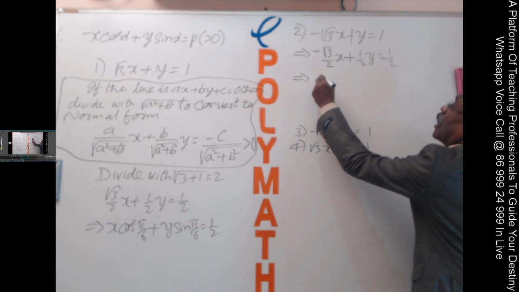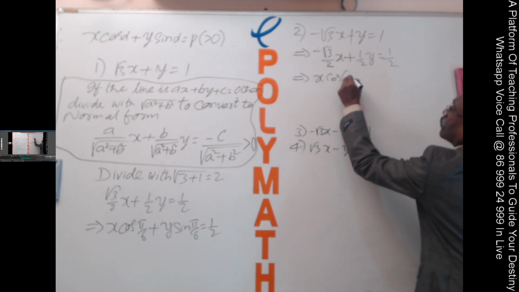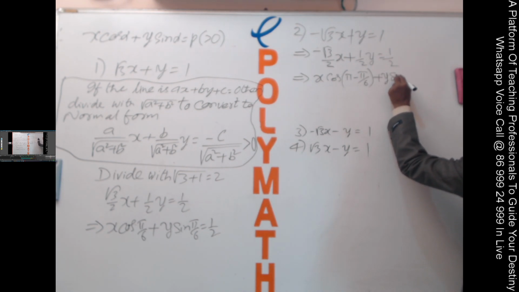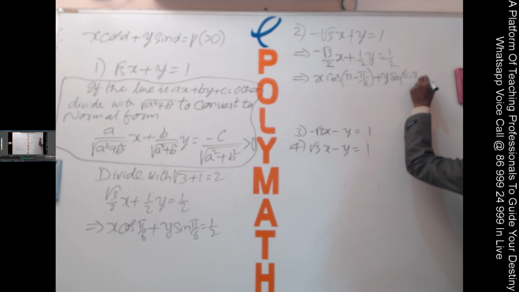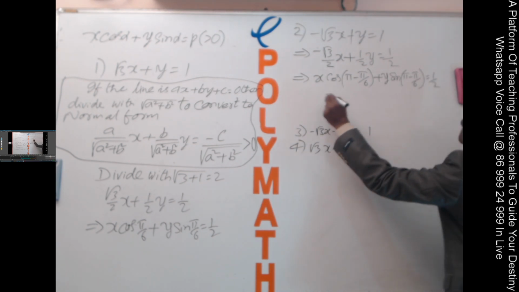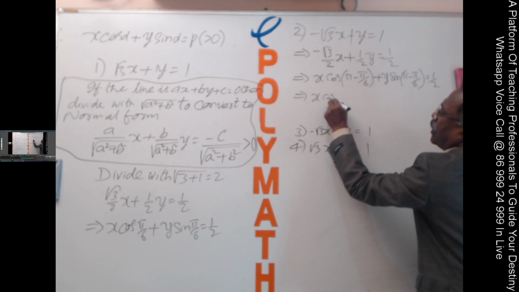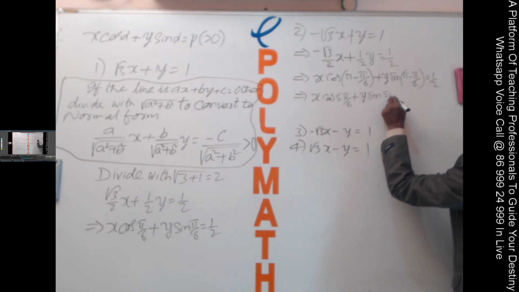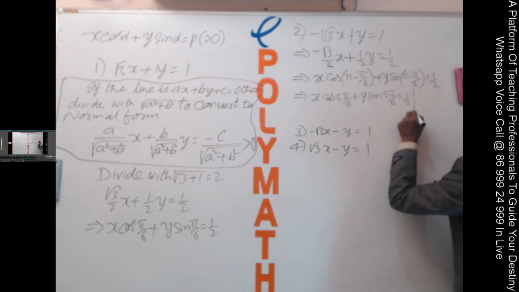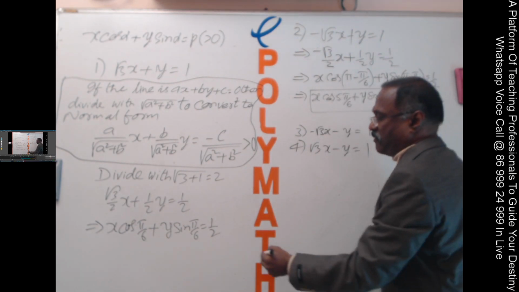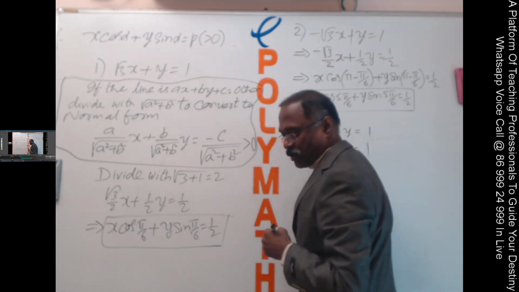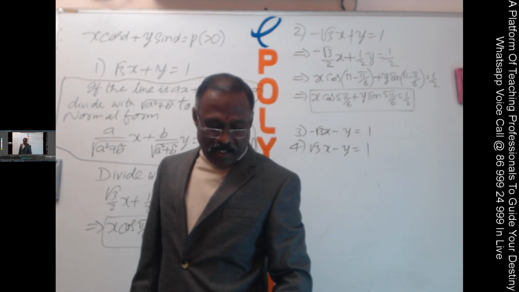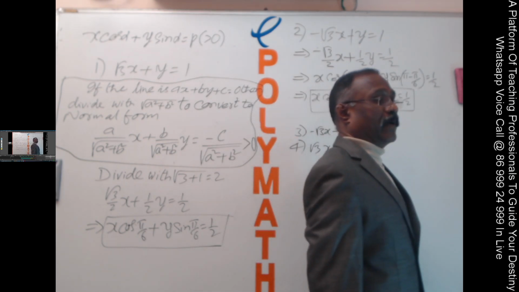So in the second quadrant, how is it to be written? x cos of pi minus pi by 6 plus y sin of pi minus pi by 6 is equal to 1 by 2. Just see the difference between the previous conversion and this conversion. In the previous conversion, it is pi by 6. In this conversion, it is pi minus pi by 6.